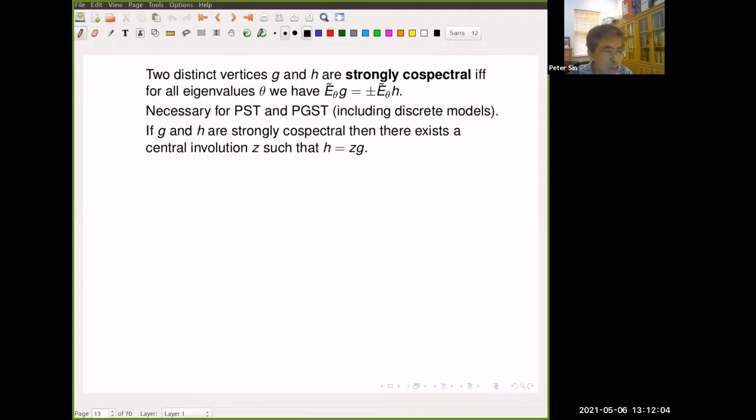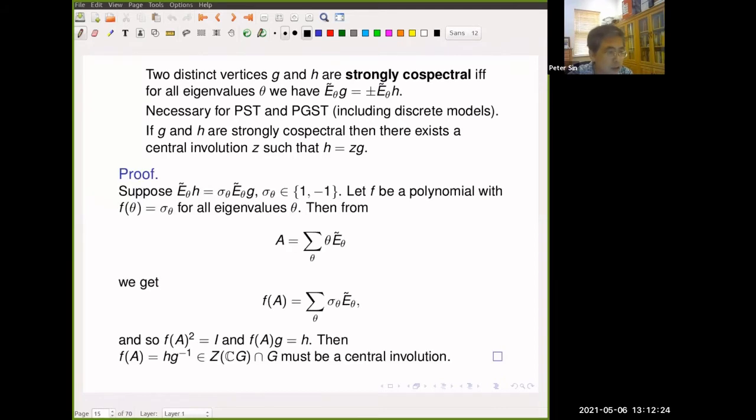In particular, that has to be a central involution in the group for strong cospectrality to occur. I can give a proof of this. It's an example of how you can take advantage of the fact that you can work in the group algebra instead of in terms of matrices. This proof is just using part of an argument from the Coutinho-Godsil book.